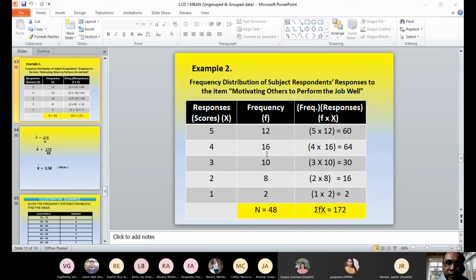Then 3, sometimes, seldom, almost never.